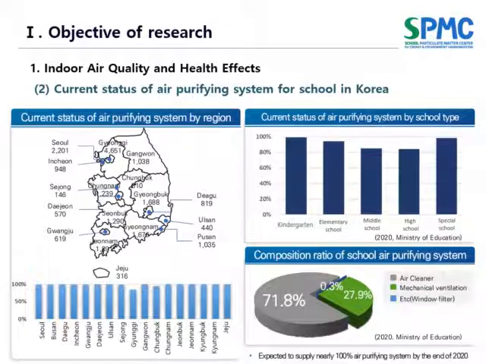Almost all kindergartens and elementary schools have air filtration systems installed. 70% of schools installed air cleaners as air filtration systems, and some schools have mechanical ventilation systems. Many schools tend to prefer air cleaners because they are cheap and easy to install. But there are some limitations in solving these indoor particle problems by using air purifiers.